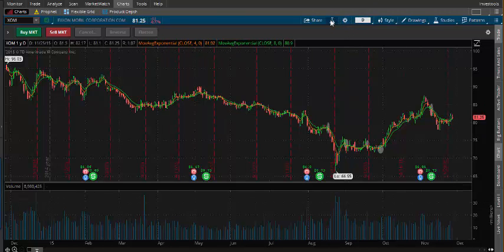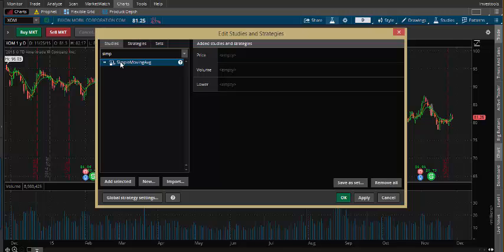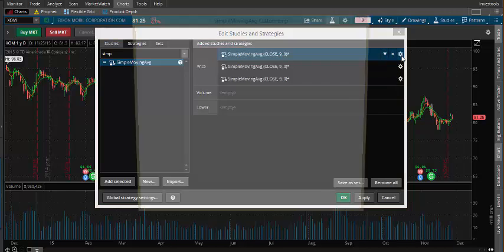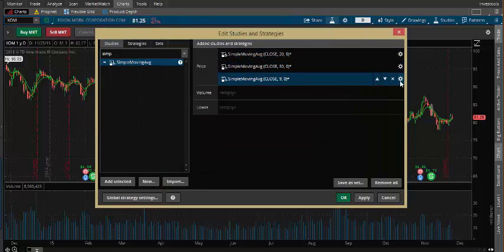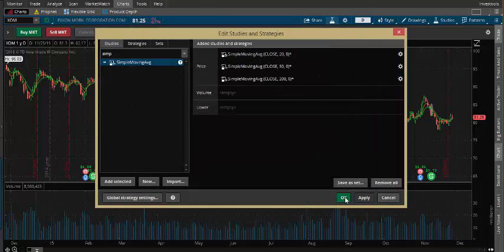Let's change these then to simple, simple, and simple. Let's do the 20, the 50, and the 200. By using these, what you're simply doing is trying to help you identify the trend.